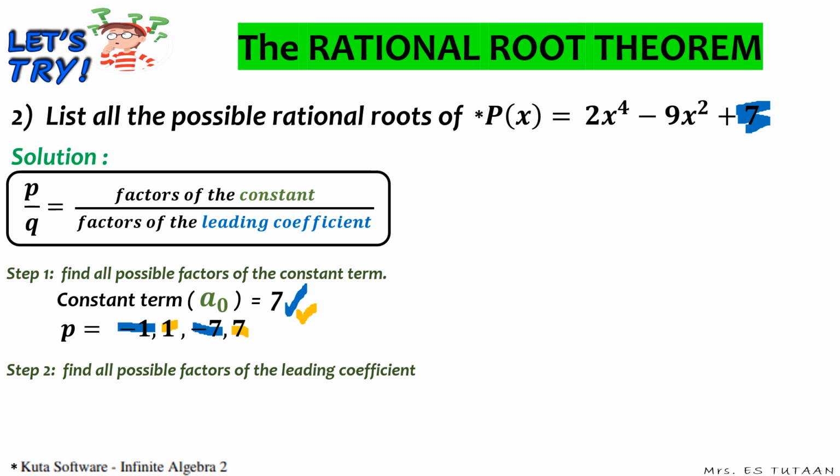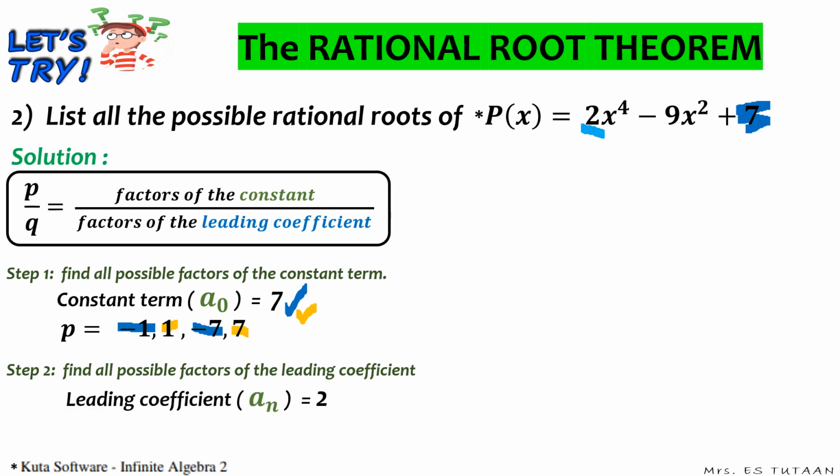So, titingnan nyo dito sa mga terms na to ang may highest exponent. So, in this case, ang highest exponent natin ay 4. So, ibig sabihin, ito ang ating leading term dahil yan ang ating may highest exponent. At ang ating leading coefficient ay, syempre, yung inyong numerical coefficient ng leading term.